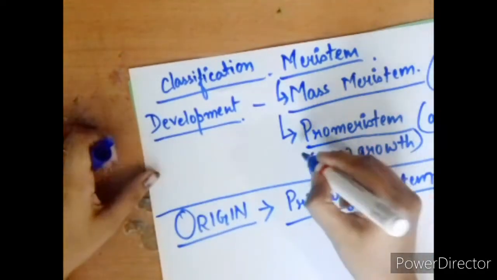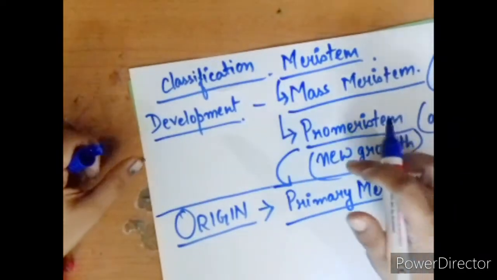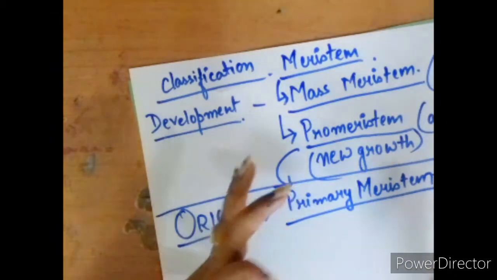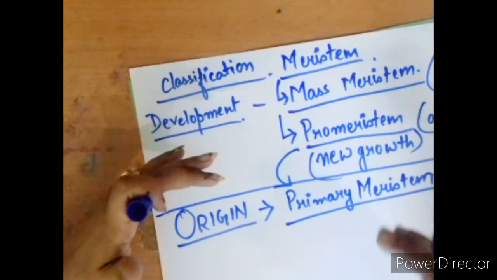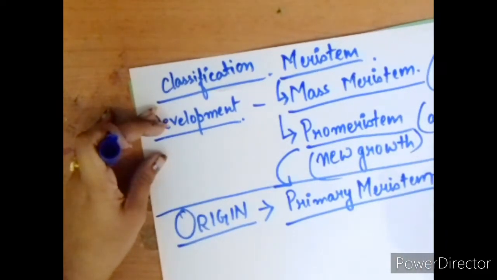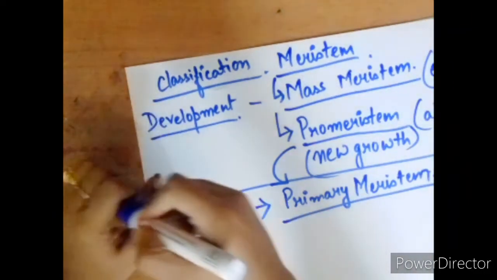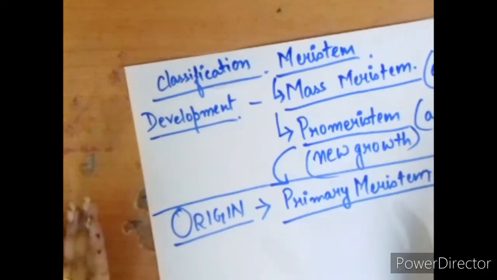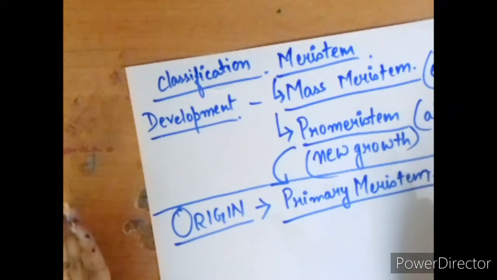So it has taken its origin from the promeristem, from a newer area of growth, and it retains the meristematic activity. It means it understands that it has to go on with the division process, okay. It is located in the apices of the root, at the tip of the root apices, and in the shoot apices as well, okay.